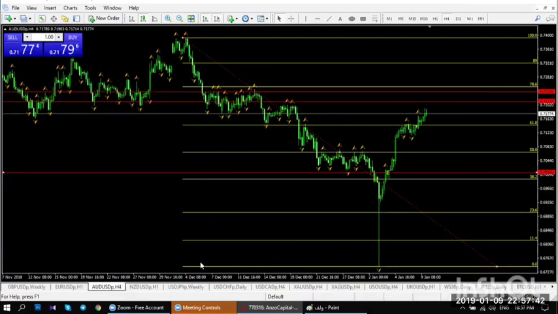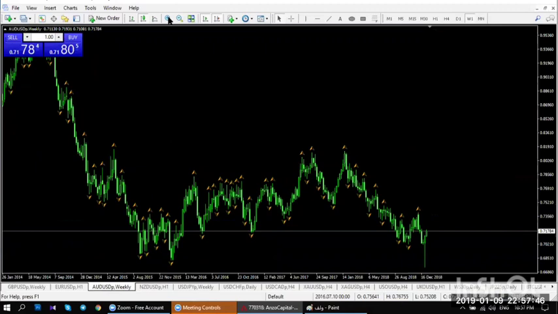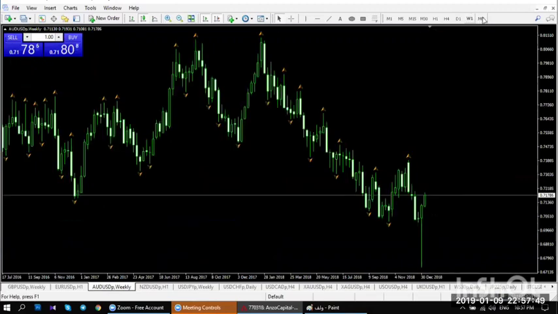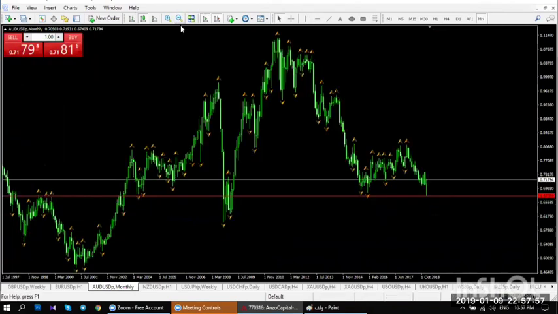A more clear example is on the AUD USD chart. You see the reversal here? We've had one shadow pivot here and one body pivot here.